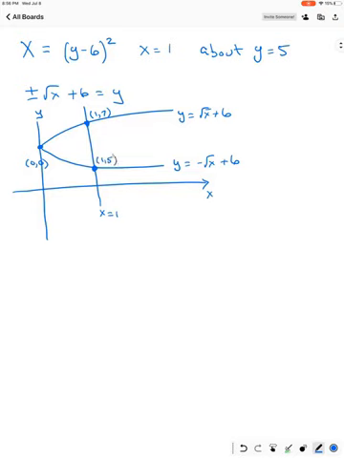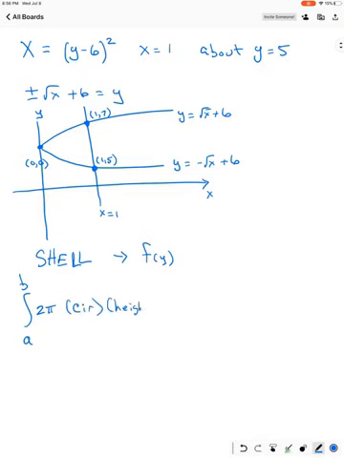Okay, so then I'm thinking that I want to use shells, and I want to do that in the direction of y, so as functions of y. Then I'm going to set up an integral from a to b, and that integral from a to b is going to be 2 pi times the circumference times the height, with respect to y.